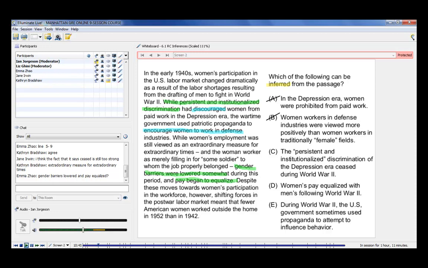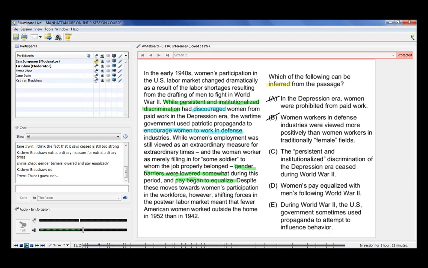Okay, so I'm going to use those exact words. Does "gender barriers were lowered somewhat" mean that all discrimination ended? Okay, does "pay begin to equalize"?